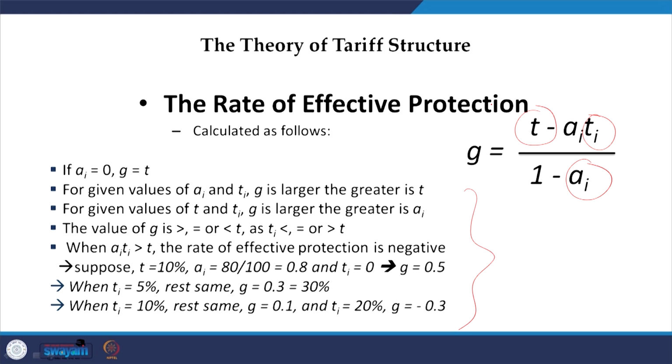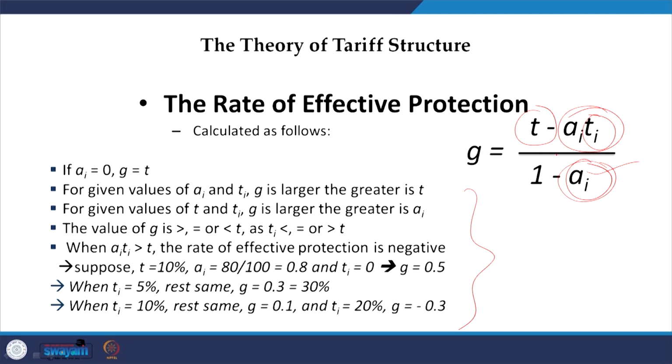But when TI equals 0, there is no tariff on the intermediary products. When there is no tariff on the intermediary products, it is for sure that intermediary products are being imported with no restrictions. So, that means the numerator portion boils down to 0, and accordingly we can find out how much content of AI.